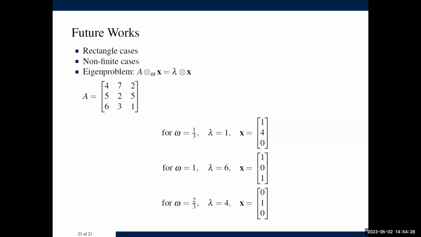Sergey and I have been thinking a lot about this recently, about 15 minutes ago, and we realized that some of the results for max plus and min plus are not directly applicable for this MaxMin-Omega system.